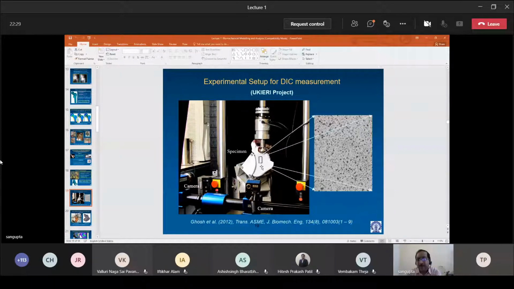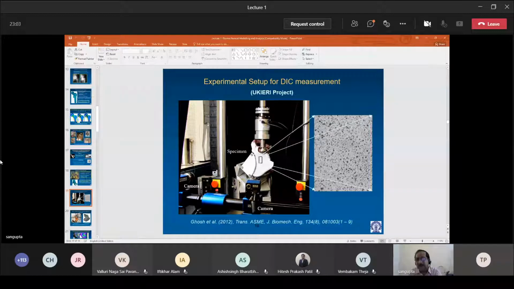The cameras track the displacement of these speckle patterns. Before loading, it records the speckle patterns, and then after loading, these speckle patterns are displaced due to the applied loads on the surface of the bone or whatever material you use. It is also very frequently used in aerospace structures.